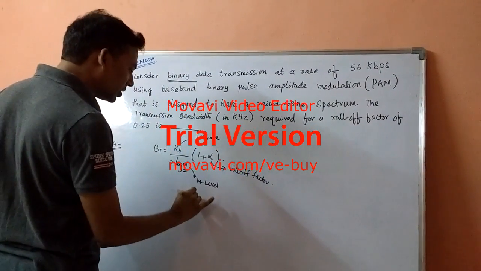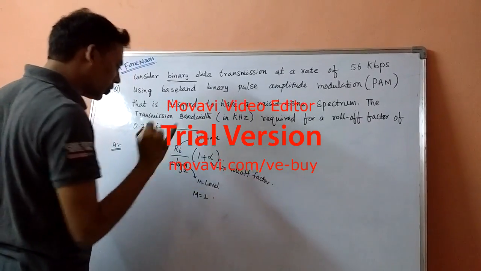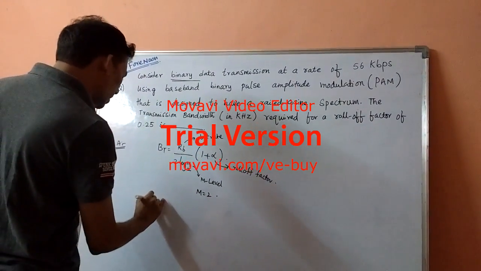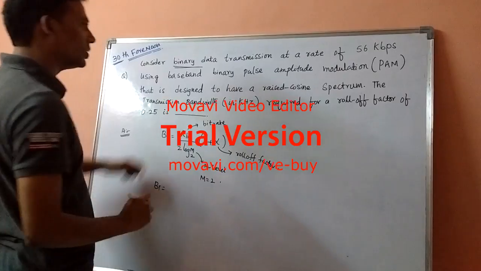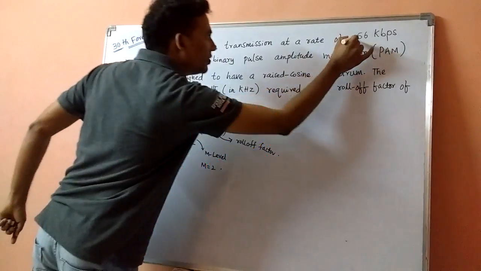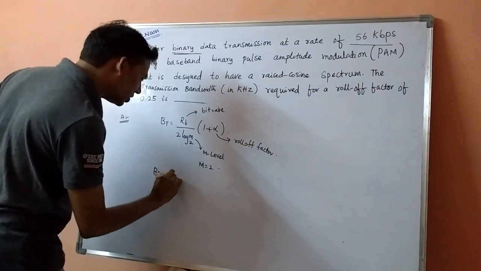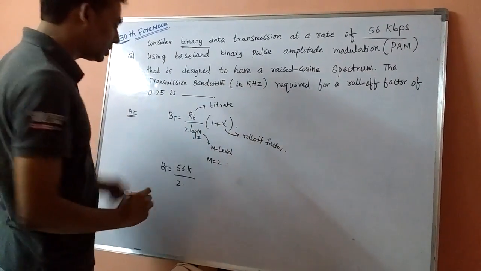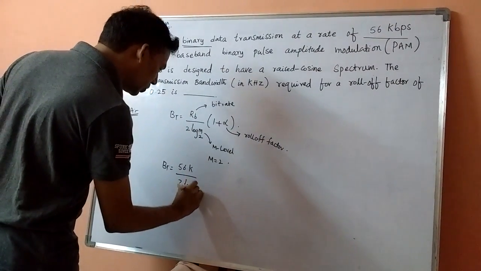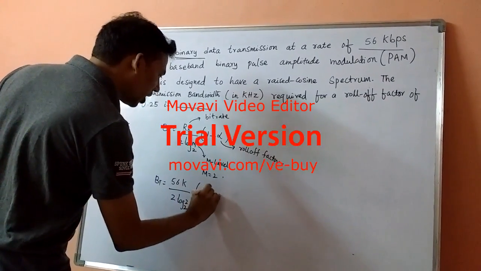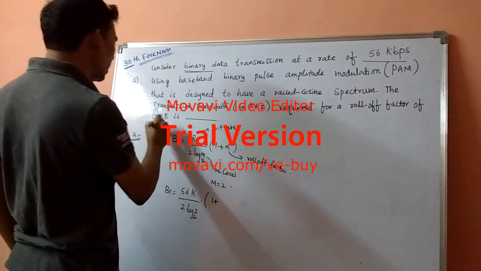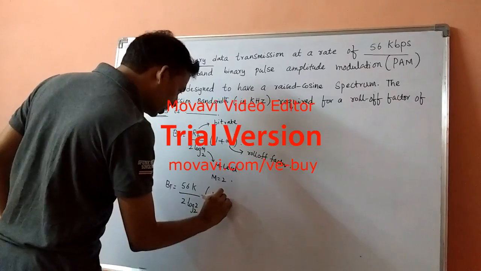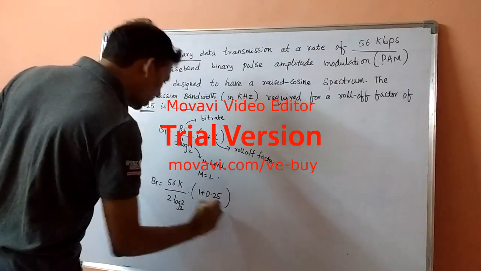For the binary case, M equals 2, so the transmission bandwidth equals, with the bit rate given as 56 kilobits per second, 56k/2 into log 2 base 2 into (1 plus alpha). The roll-off factor is given as 0.25, so 1 plus 0.25.